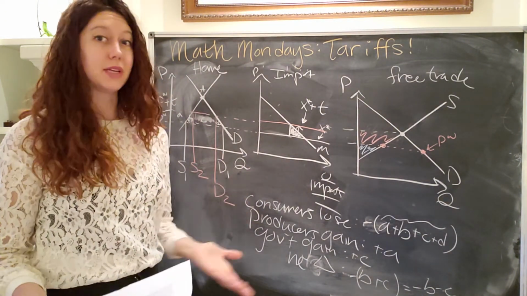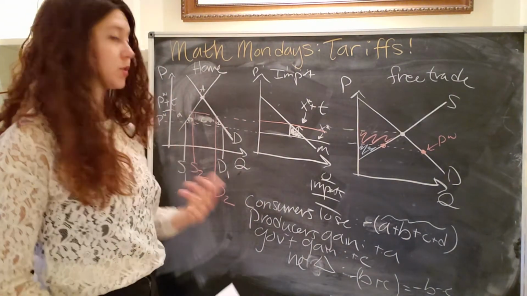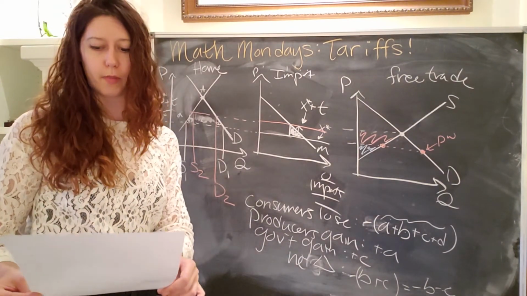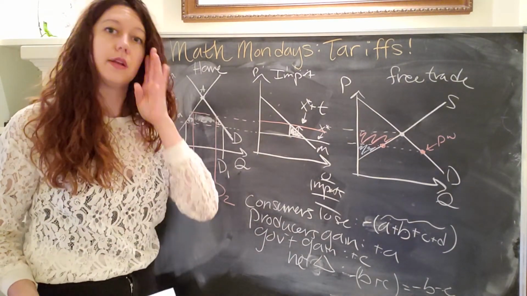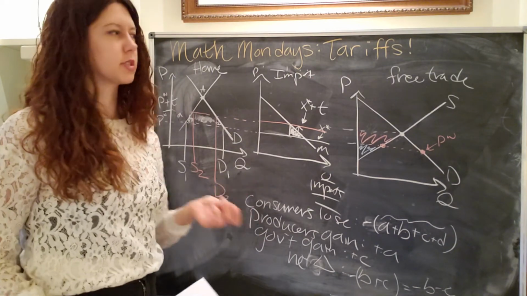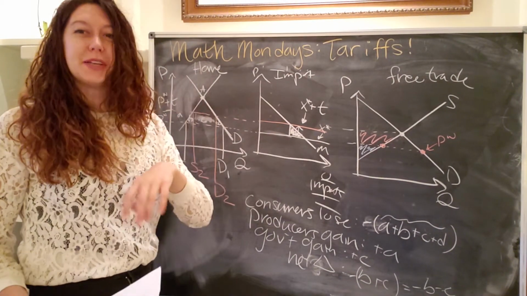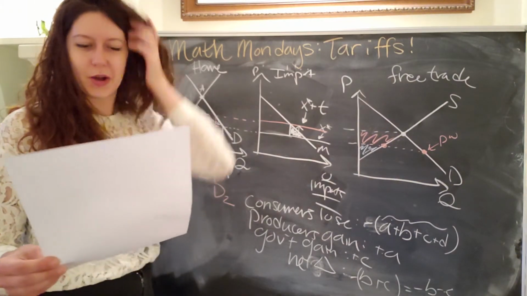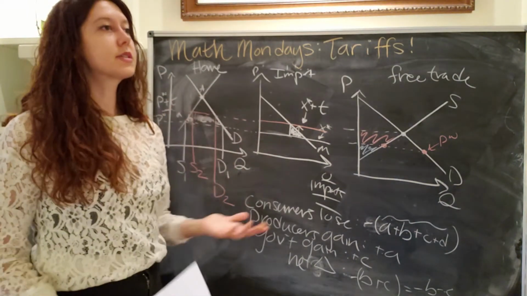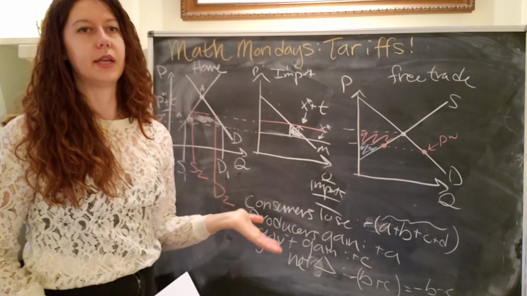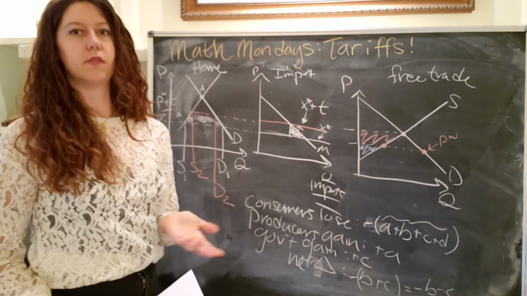Another reason may be that the tariff actually provides a source of revenue for the federal government, and this is often useful when other sources of revenue are difficult. There's a good example of this in the early stages of the United States.